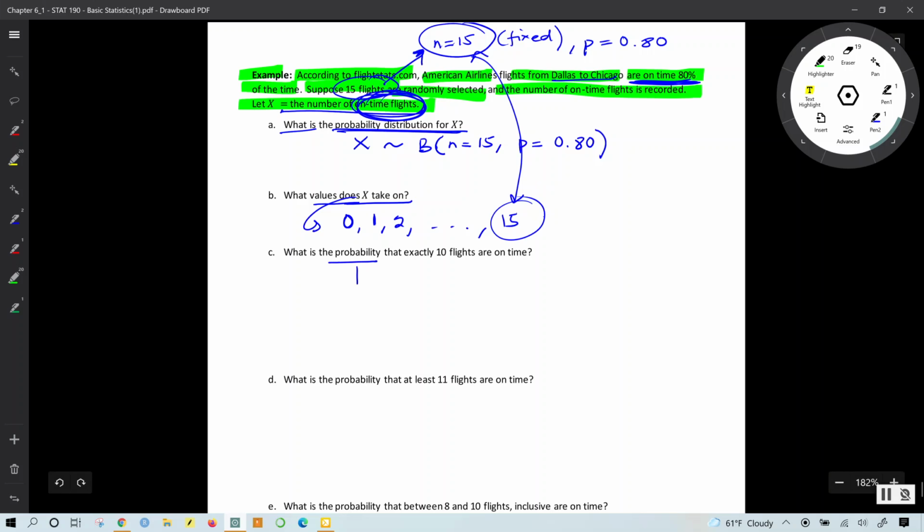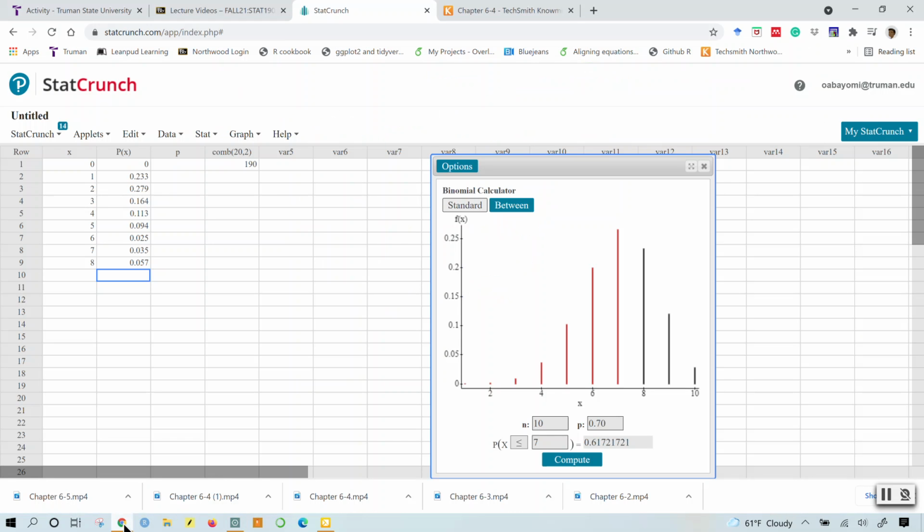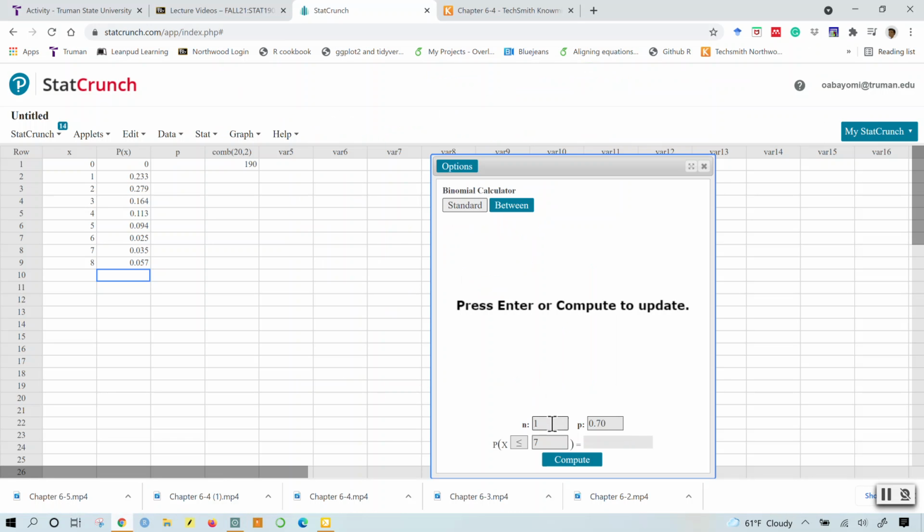Then next, we want the probability, capital P, that the number of flights, x, that will be on time is exactly 10. So we go to StatCrunch. We're going to key in our parameters, n equals 15 and p equals 0.80. So we have 15 and 0.80.